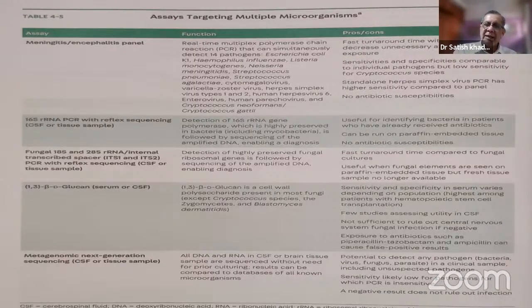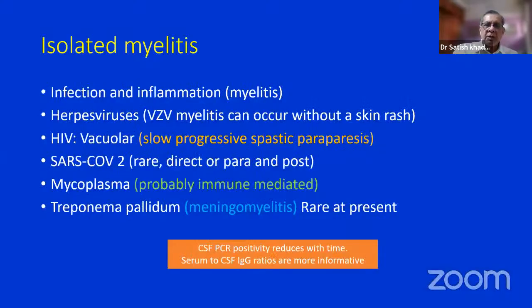An example in the local setting is pyrosequencing, where you can look at some of the sequencing methods. So I think it has moved to bulk testing of evidence of various organisms in one go, so that rapidly you can come to the conclusion, because rapidity is very important in spinal cord. So that was about the testing.